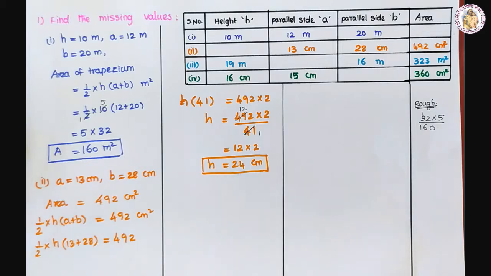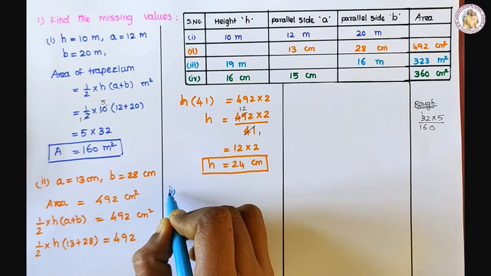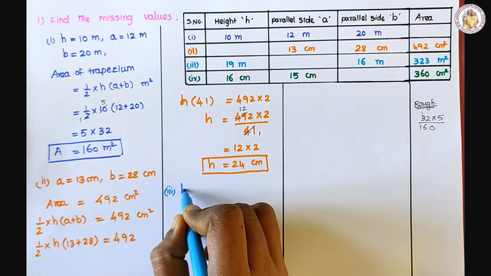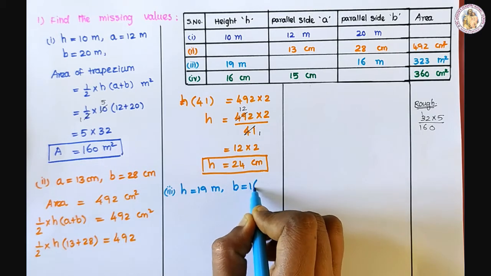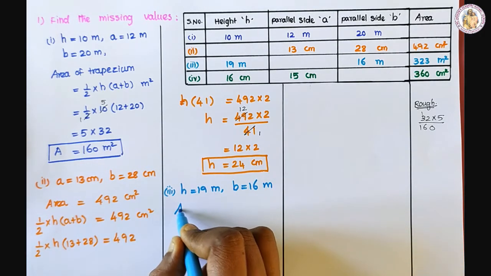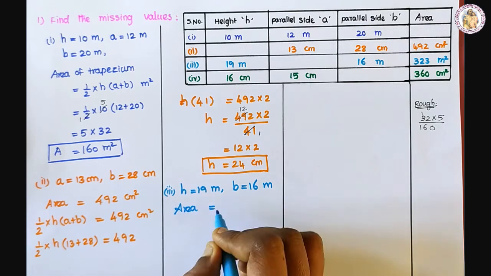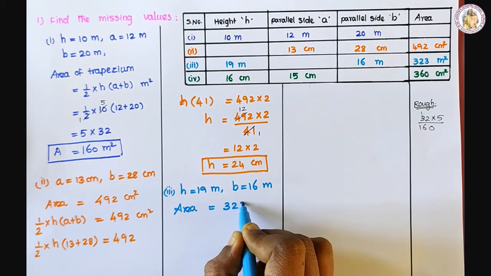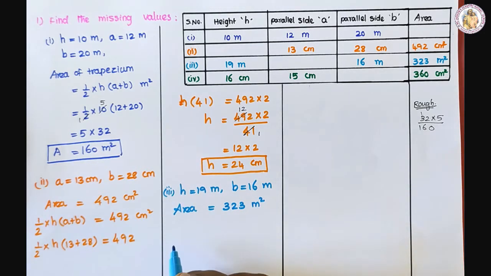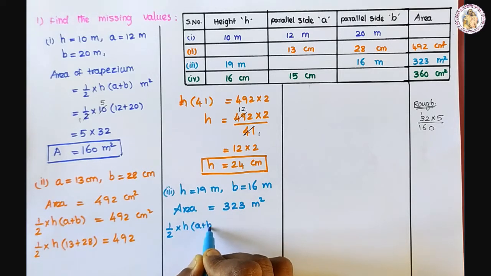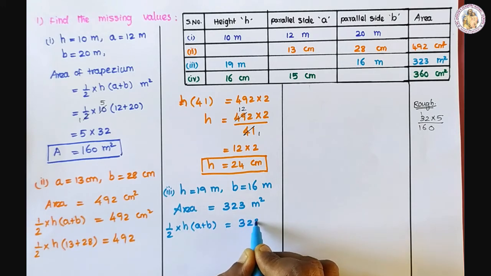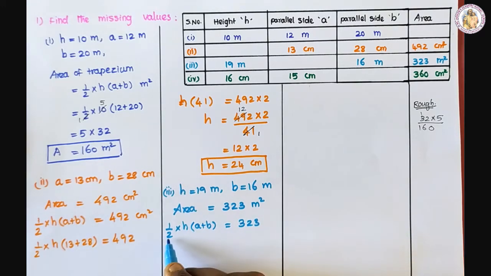And third one, h equals 19 meter, b equals 16 meter, and area equals 323 meter square. You have to find the value of a. So 1 by 2 into h into (a plus b) equals 323.